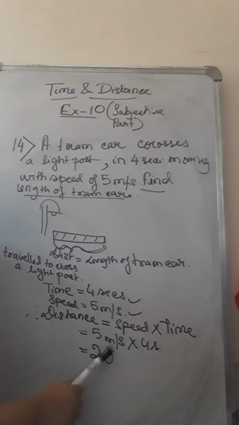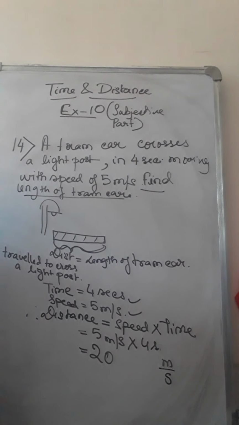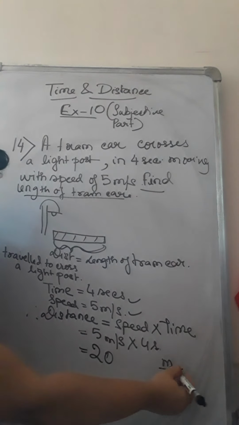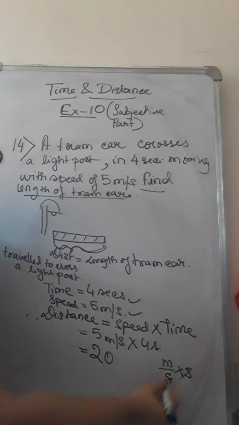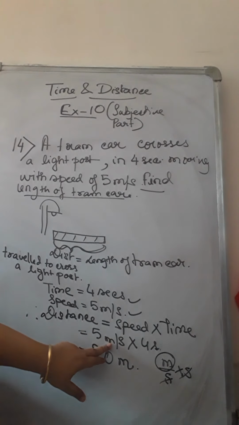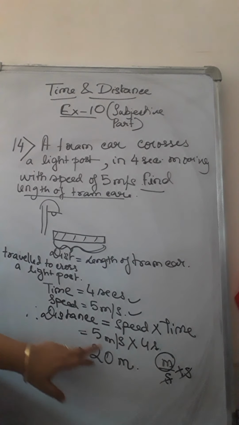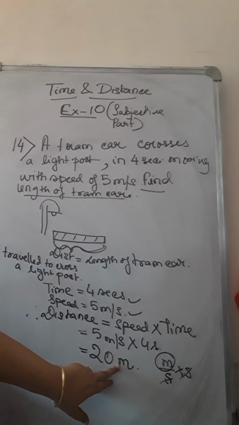So if you see the units, meter per second and this is second. If you multiply the units, seconds get cancelled and you are left with meter. So distance is always measured in meters. You can directly write from here that if speed is in meters per second and time is expressed in seconds, then distance will obviously be in meters.